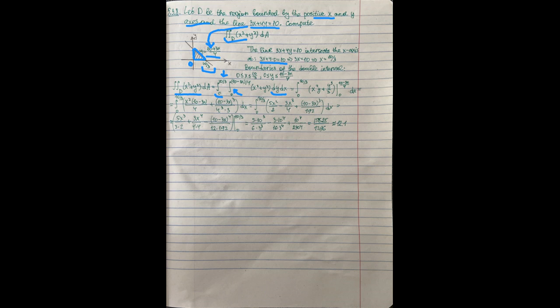So what I do next, I integrate the function x squared plus y squared with respect to y to get this function, and then I evaluate this integral using the boundaries from 0 to (10 minus 3x) over 4, and at the end the result is here.